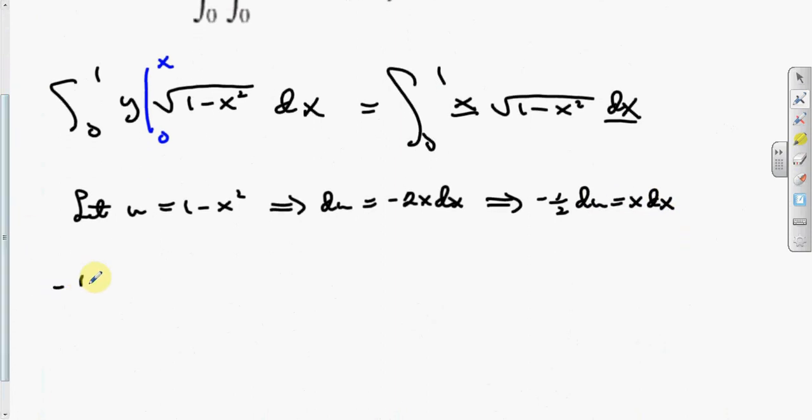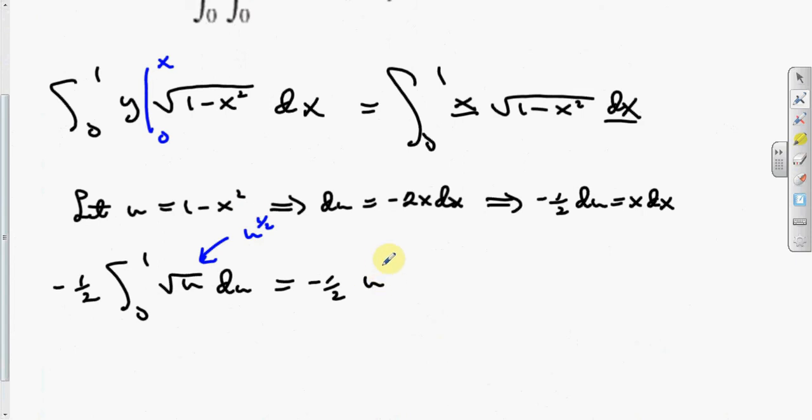So this becomes negative 1/2 times the integral from 0 to 1 of the square root of u du. You can think about this u better as u to the 1/2 power, right? You look at that to integrate. So this becomes u to the 1/2 plus 1 is 3/2, divided by 3/2.